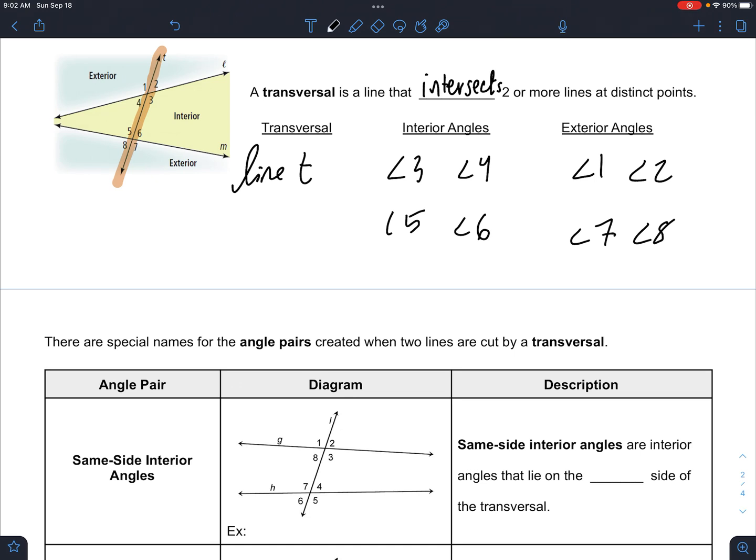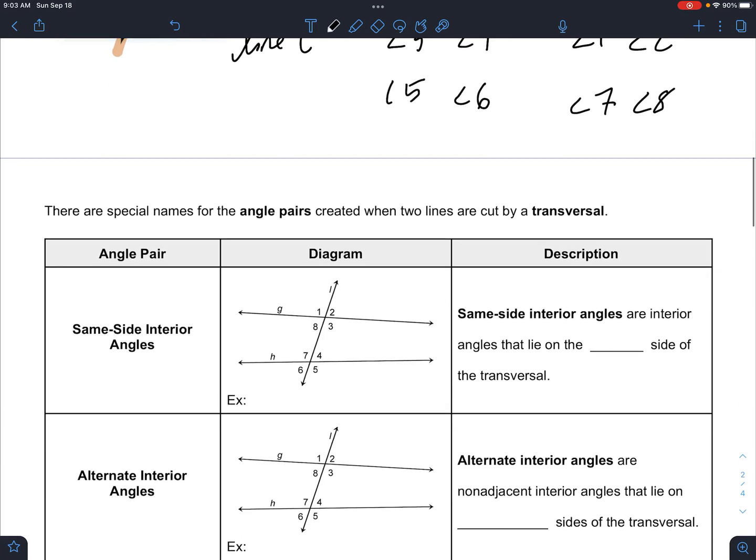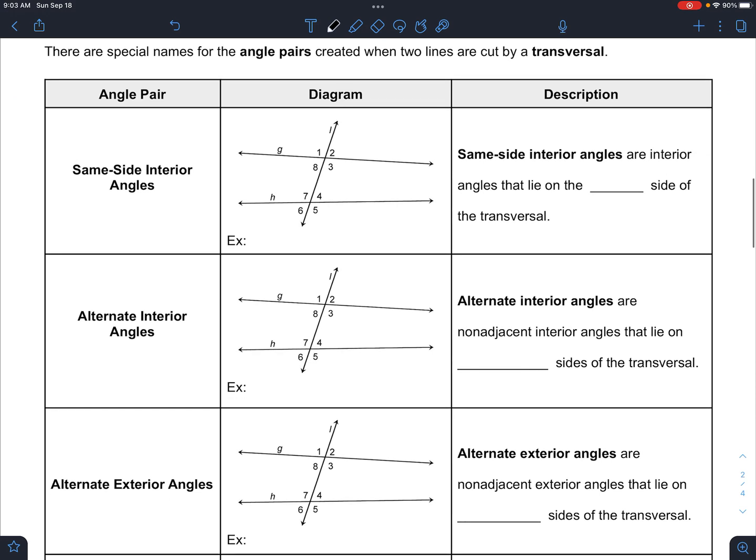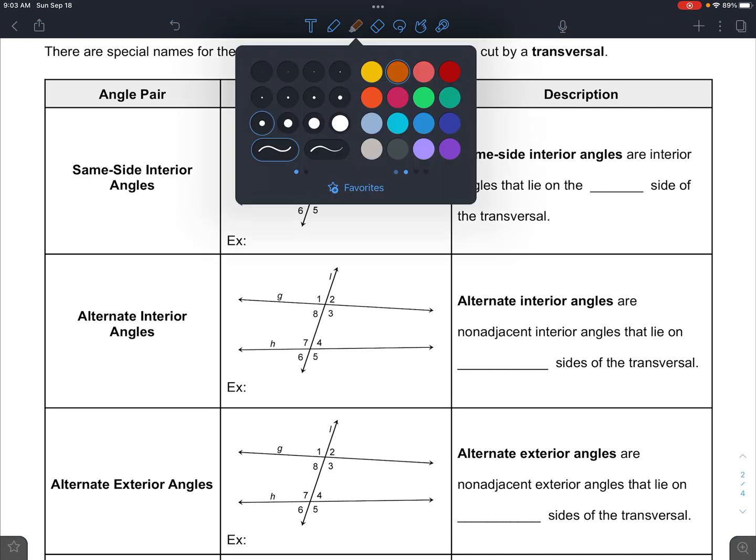Okay? So we're about to label some angle pairs, and each one of them is either going to be interior or exterior, and it's also going to be on the same side of T or on opposite sides of T. So there's 4 of them. So same side interior angles are interior angles, so they exist in here.